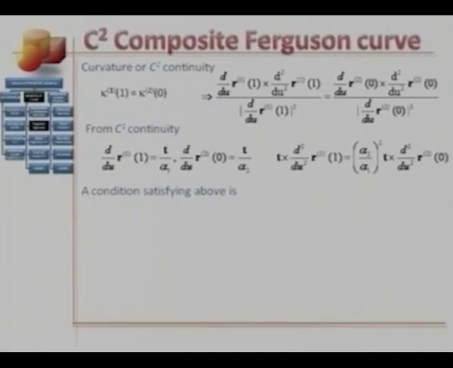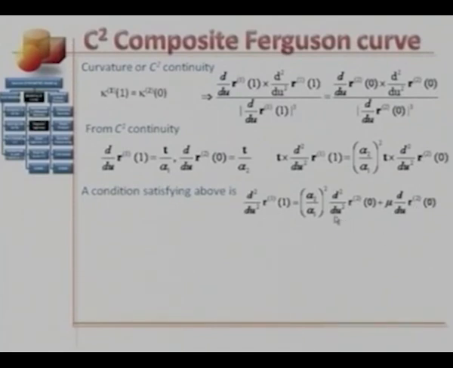Nevertheless, one of the conditions that would satisfy this expression here is given by d2 over du squared of the first segment evaluated at 1 equals alpha 2 over alpha 1 the whole square d2 over du squared of the second segment at 0 plus some scalar mu times the first derivative of the second segment evaluated at 0.